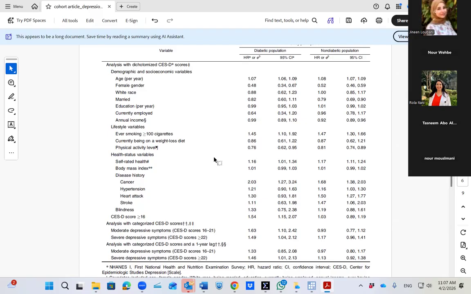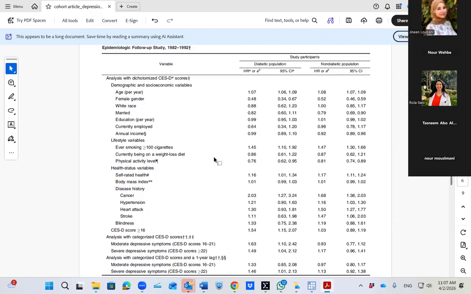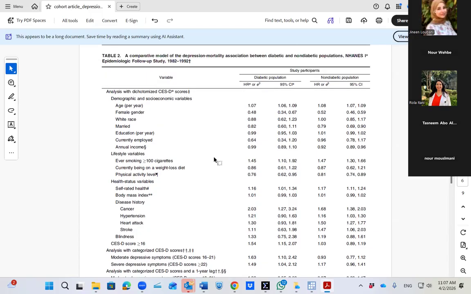What are they doing here? They're reporting the association of depression. So let's look at the title, a comparative model of the depression mortality association between diabetic and non-diabetic mortality risk. Here they adjusted for the other covariates. Okay, but when looking at the demographic, the white and race, and so on, what is this?